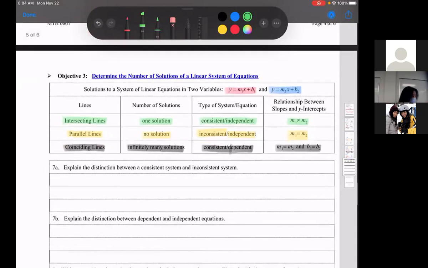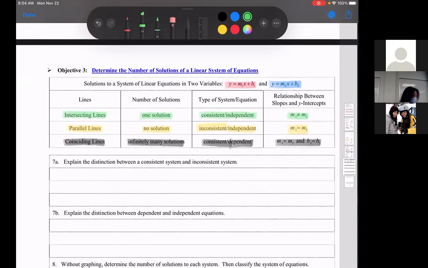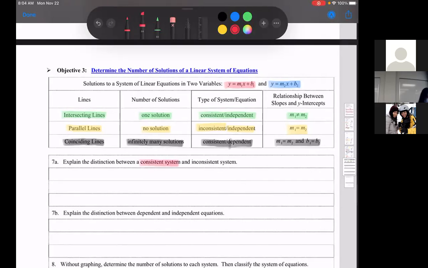Someone tell me what is the difference between a consistent system and an inconsistent system. A consistent system has one solution, inconsistent has no solution. Yeah, so let me highlight it here. Consistent means at least one solution.